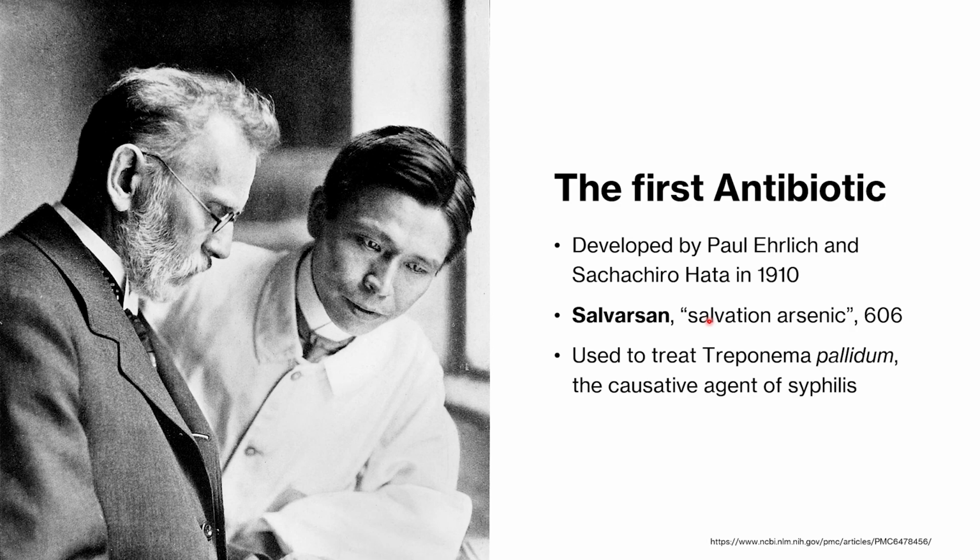So the first antibiotic was developed by Paul Ehrlich and Sachihiro Hata in 1910. Paul's very commonly referred to as the father of antibiotics or the father of chemotherapy, but Sachihiro played a big part in the development of salvarsan, which was also called salvation arsenic, or 606, which was the 606th chemical entity that they tested, and it was a success.